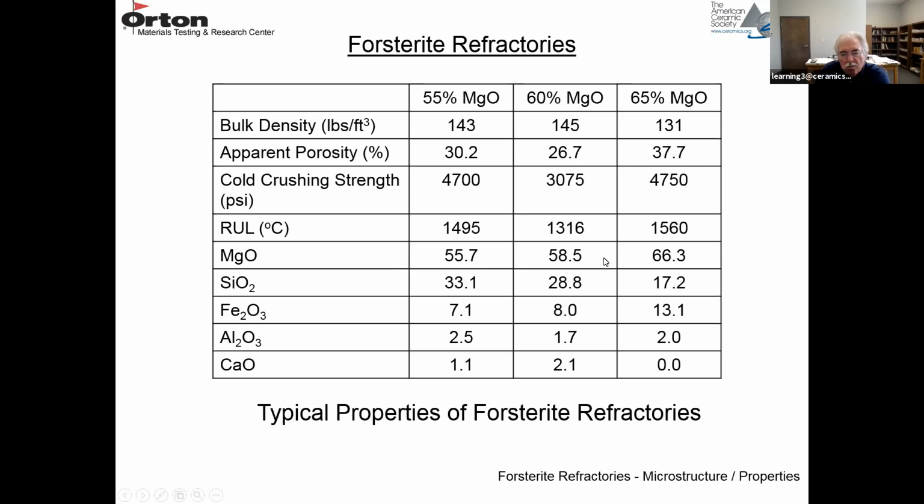So these are the MgO contents, 55, 59, and 66%. SiO2 is primarily the balance, 33, 28, and 17. These have impurities, quite a bit of Fe2O3, about 7, 8, and 13%. And then your other impurities, Al2O3 and CaO.